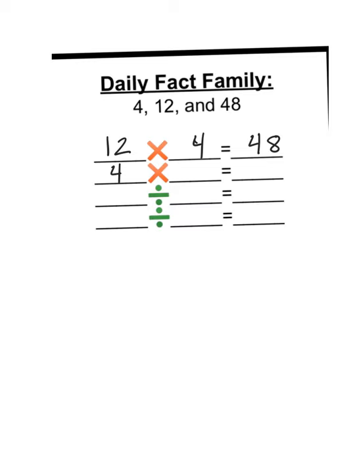Thanks to the, which property is it that tells us we can flip-flop those? Think of little cars driving around and your parents complaining about getting stuck in traffic. The commutative property says that we can multiply those in either order, 12 times 4 or 4 times 12, and still get the same product or answer.